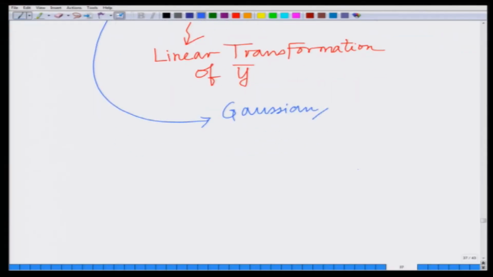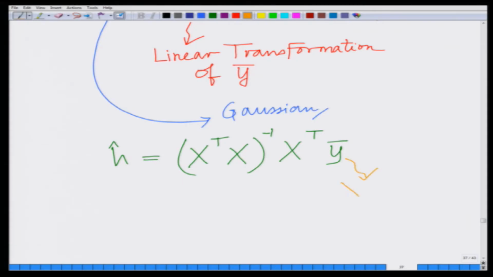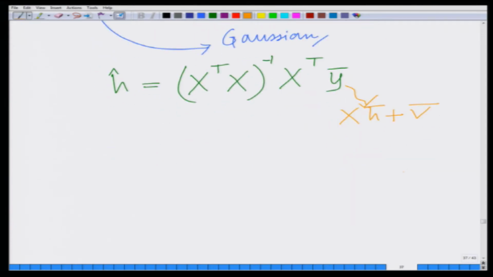Now, second, let us look at h hat equals (X transpose X) inverse X transpose y bar, but recall your y bar equals X h bar plus v bar. So, I can substitute that over here now.